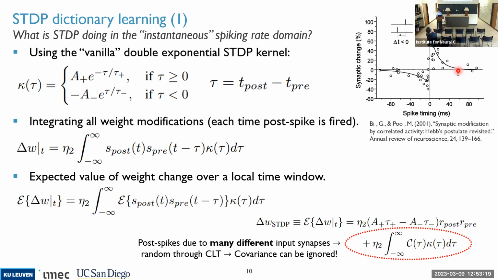If a certain neuron spikes after receiving certain input spikes, then this weight is increased. If it spikes before receiving a certain input spike, then it means that they are not related, so the weight decreases. This increase and decrease are given by the standard double exponential STDP curve, where tau is the difference between the post- and presynaptic spike times.